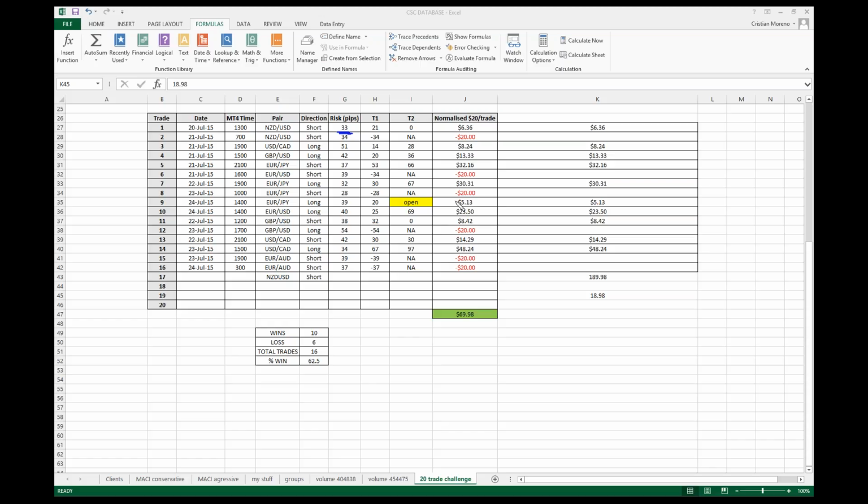With this particular strategy, the fact that we are using 2 targets and we are moving our stop to break even at the trigger of the first target, you have to take this into consideration. The way that I'm showing it to you, I've done it this way for the challenge to get this number higher, the 62%, because I believe that when you're newer to trading, we need a larger number to help us along.